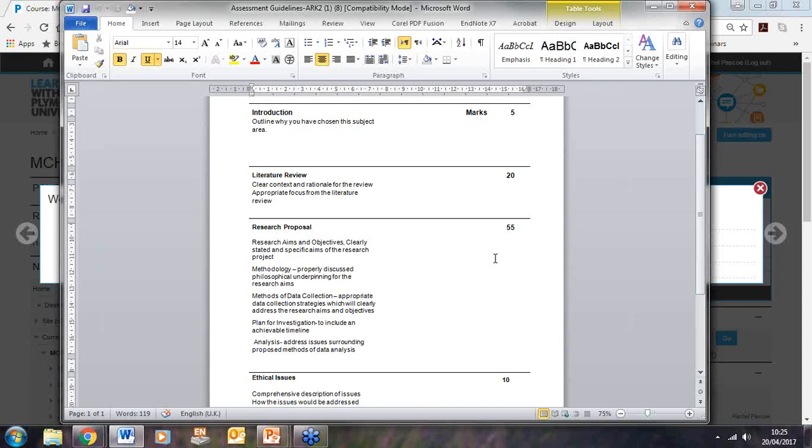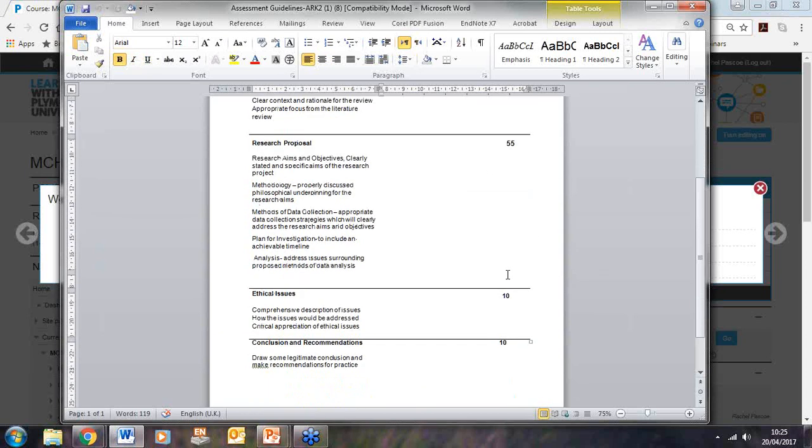The plan of the investigation with an achievable timeline, and then your analysis, how you're going to analyse the data that you've actually collected. And so all of those things need to match and follow on from each other and sit together as a package. And so it's really important that that first bit is right. And we'll spend quite a bit of time talking about that on Tuesday.